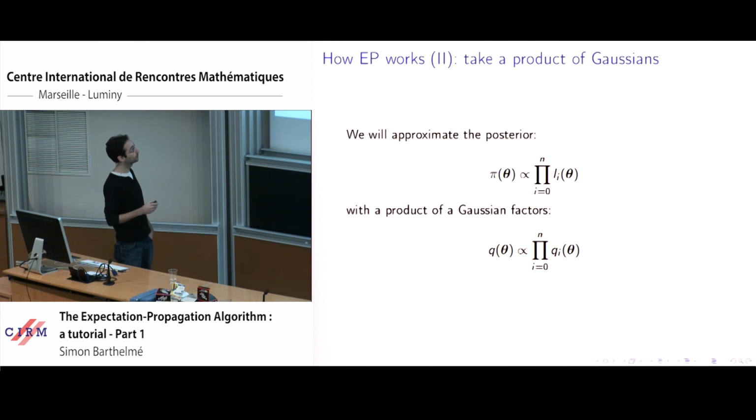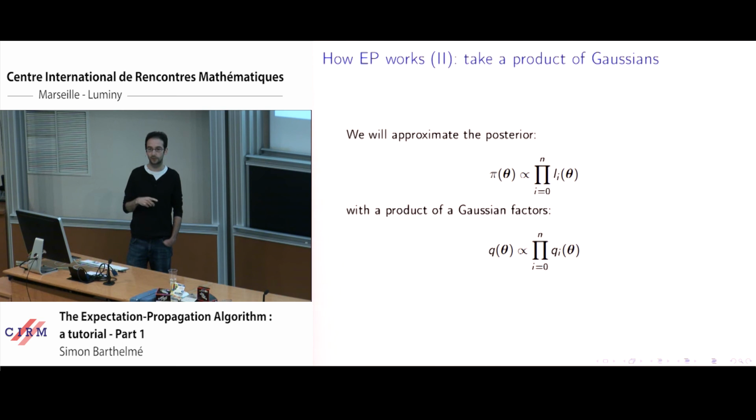Now we're going to approximate this posterior with a product of Gaussian factors, so we're going to have n+1 Gaussian factors. What I think confused a few people yesterday is that, unlike in VB, you're not making the assumption that the approximate distribution factorizes over different bits of theta.